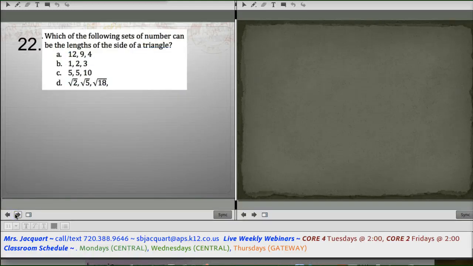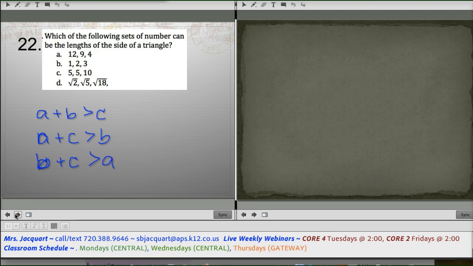So let's see. Okay, which of the following sets? Now remember, when I have A plus B, angles or sides, it has to be, let's do this differently because we usually use lowercase, a plus b has to be greater than c. a plus c has to be greater than b. b plus c has to be greater than a.